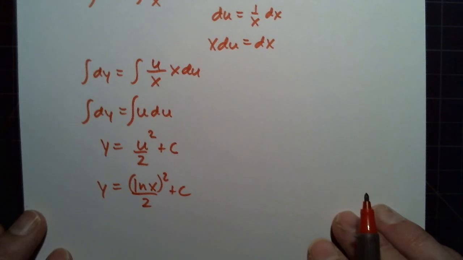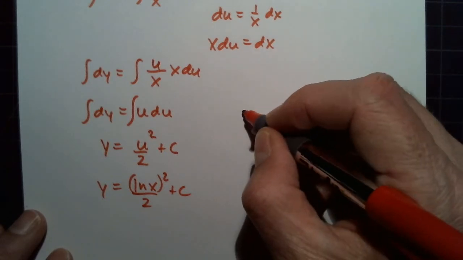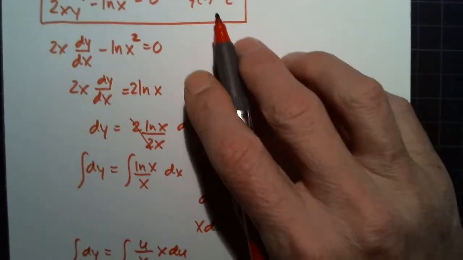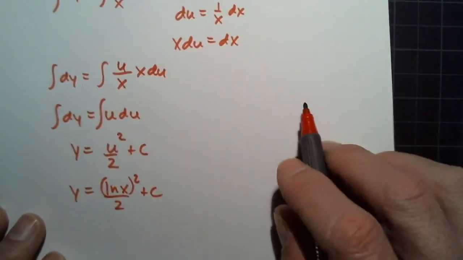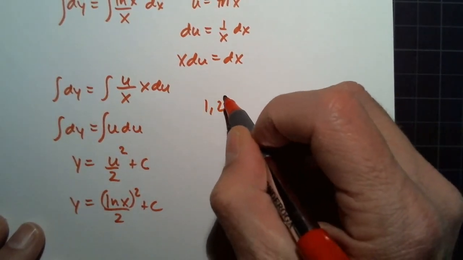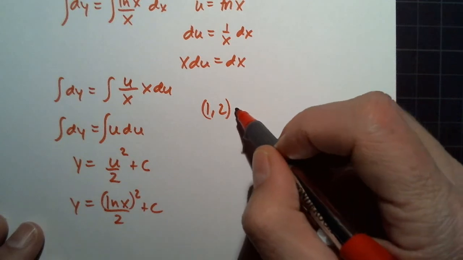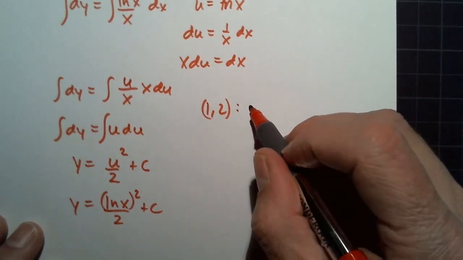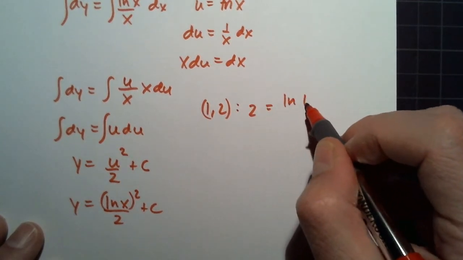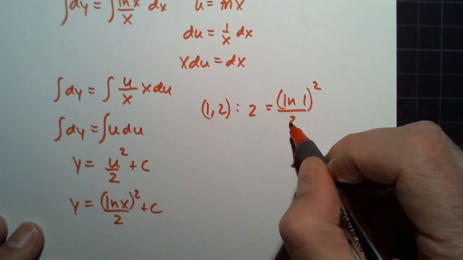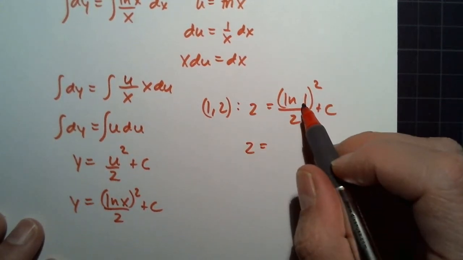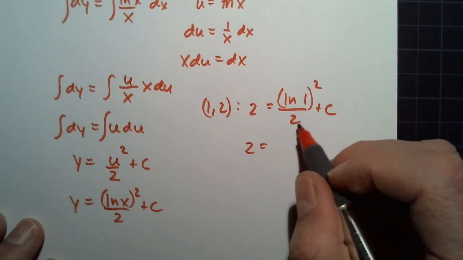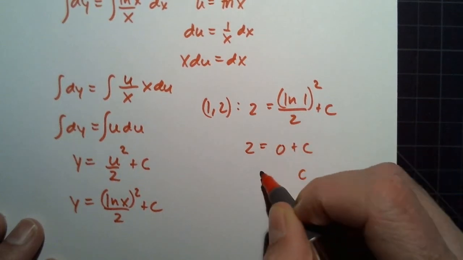That's the general solution. And then we need to solve for c using the initial condition 1, 2. So at 1, 2, we have 2 equals ln 1. ln 1 is 0. 0 over 2 is 0.